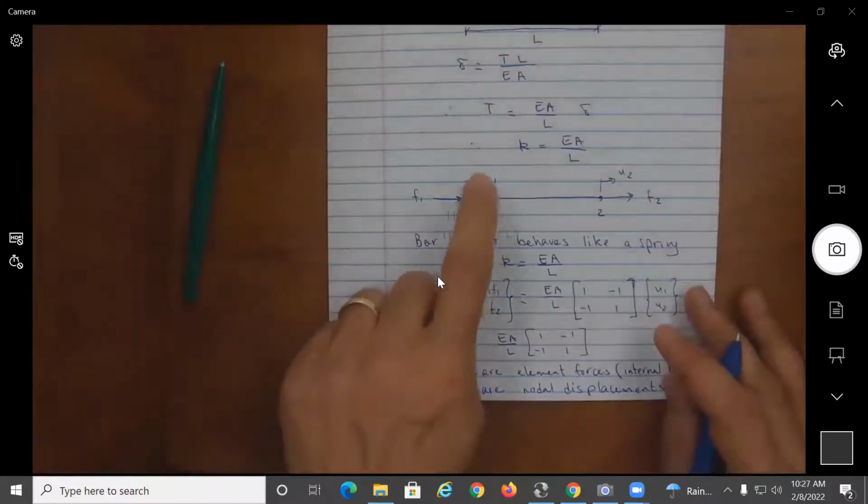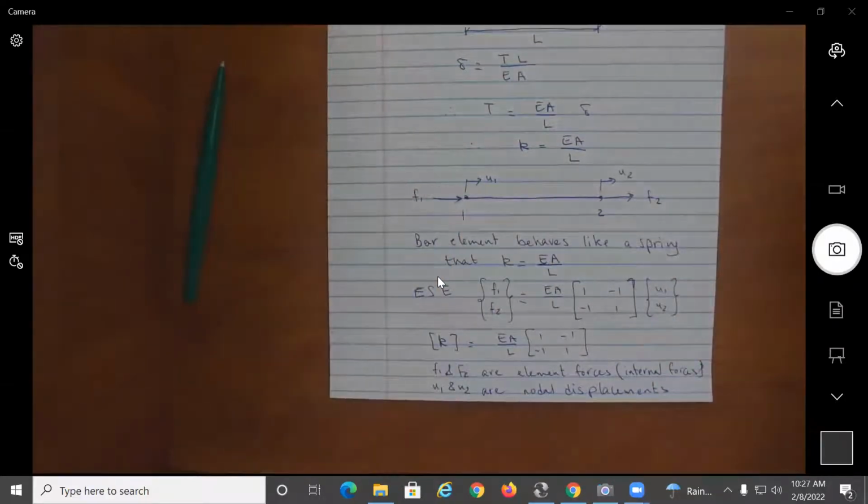So if we look at this element, what's the total number of degrees of freedom that the element has? 2, right? 1 degree of freedom per node. That's why I said we're going to keep it to the simplest.